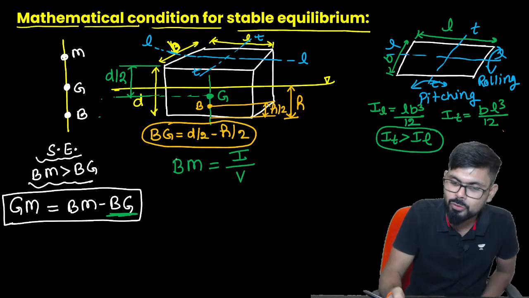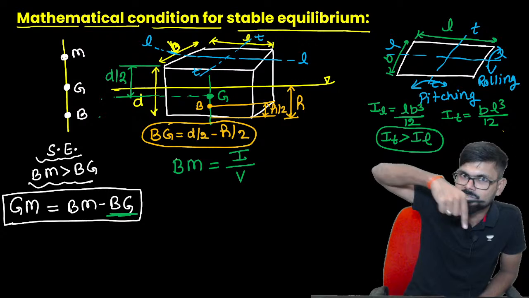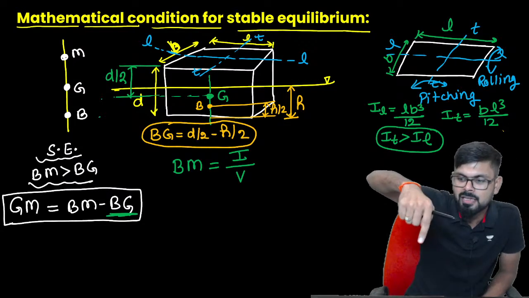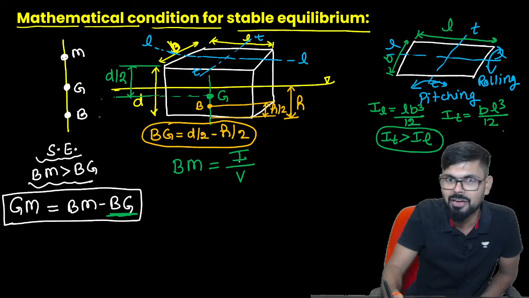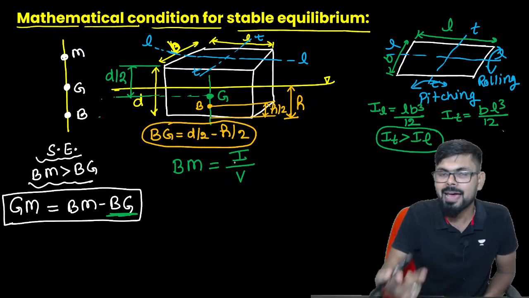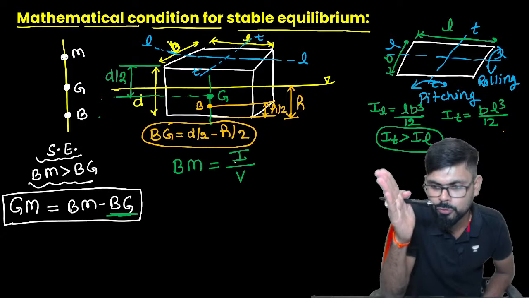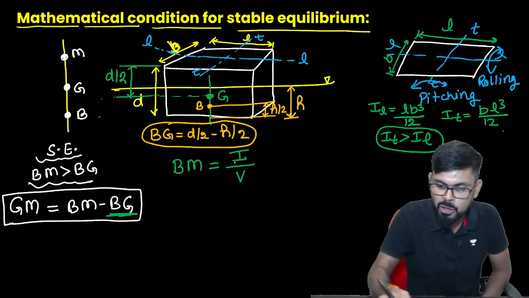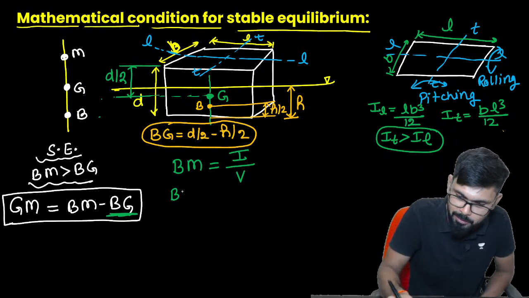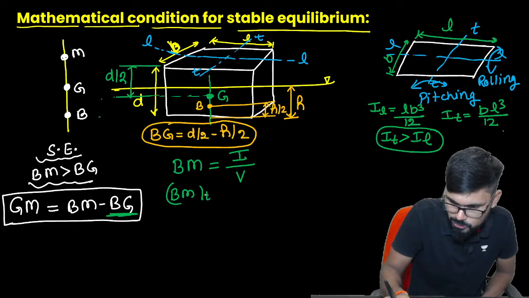Now BM value you can calculate either about the transverse axis or the longitudinal axis, because I has two values, either around TT or LL. So if I calculate BM for the transverse axis, how much will it come?